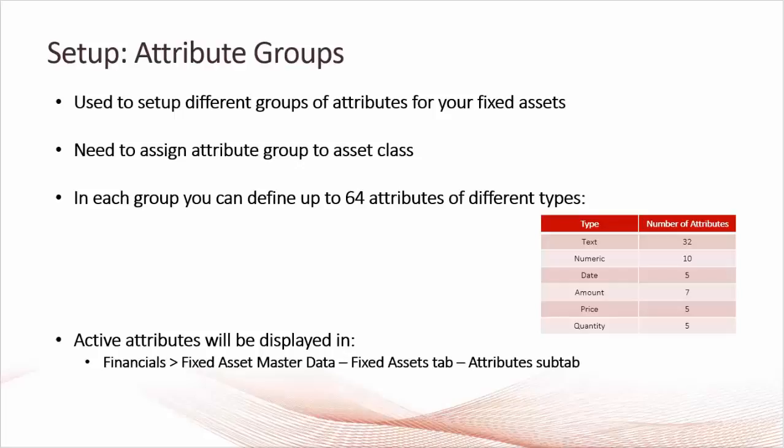You can have 32 text types, 10 numeric types, 5 date types, 7 amount types, 5 price types, and 5 quantity types. The active attributes will be shown in the Asset Master Data in the Fixed Assets tab and in the Attributes sub-tab. Let's have a look in SAP Business One.